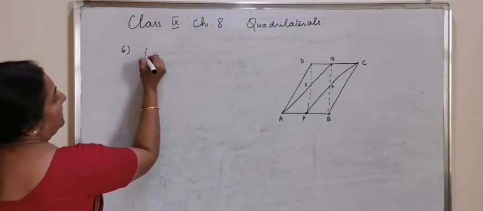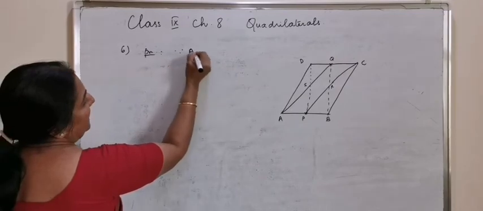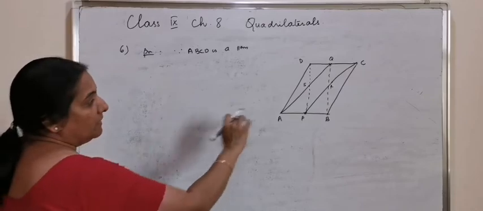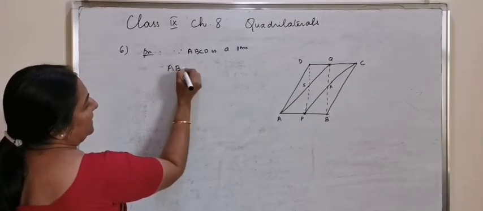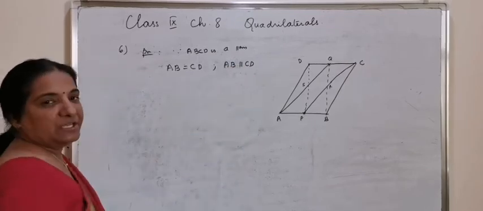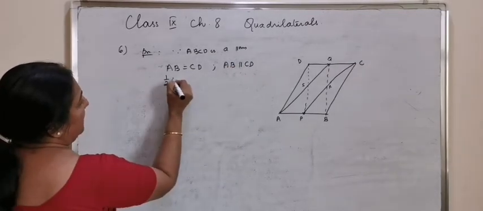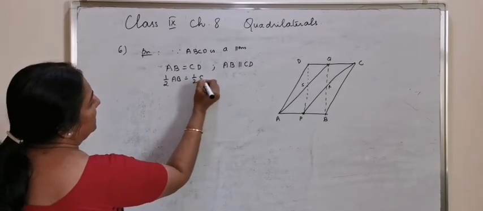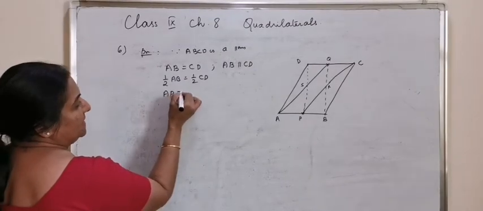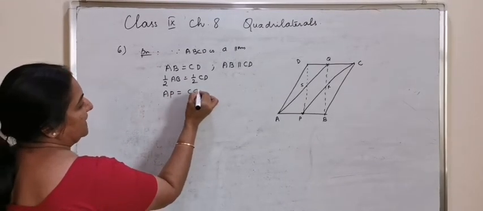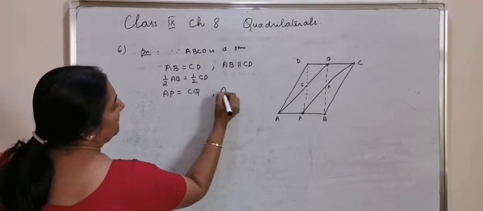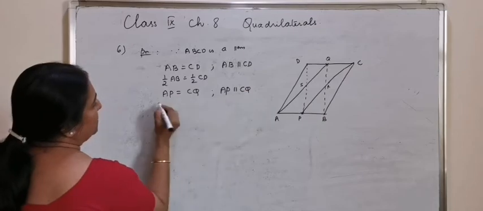So the proof starts as, since ABCD is a parallelogram, pairs of opposite sides are equal. AB is equal to CD and AB is parallel to CD also. That is, half AB is equal to half CD. What can you take half AB as? AP is equal to half CD, which can be taken as CQ, and since AB is parallel to CD, AP is parallel to CQ also.